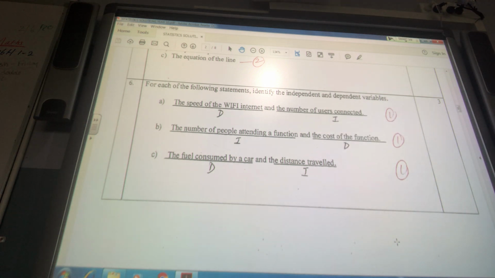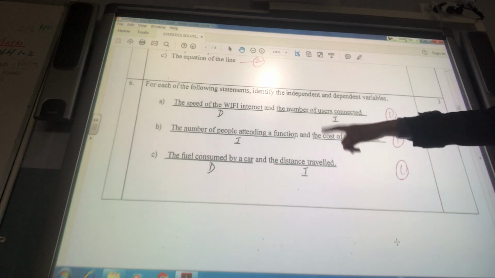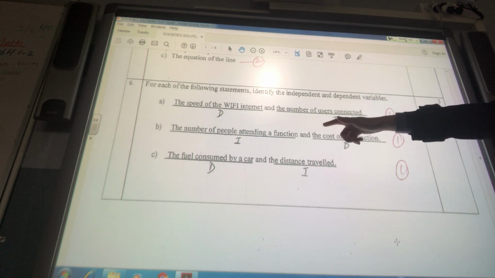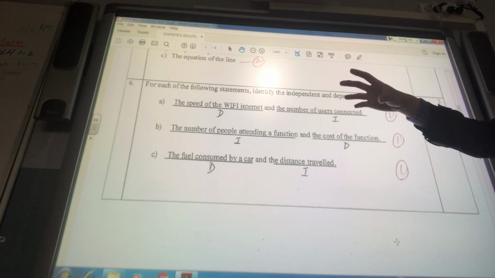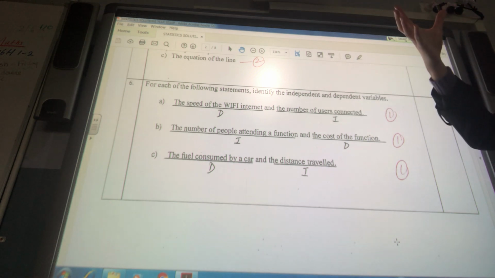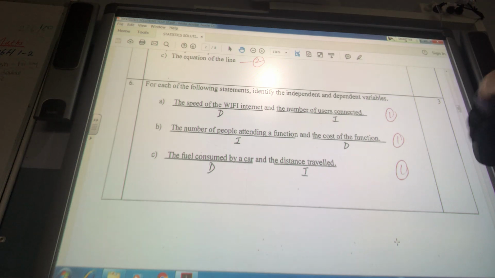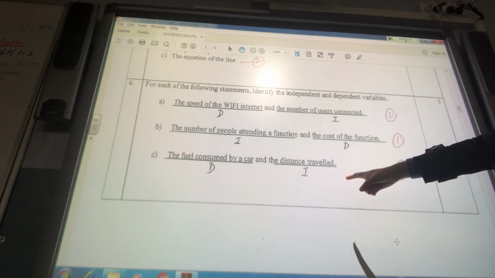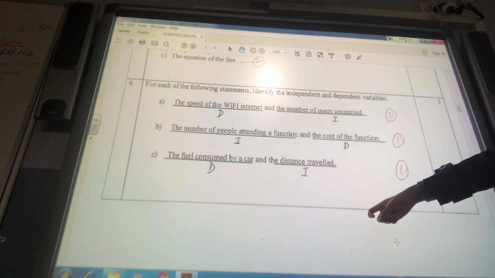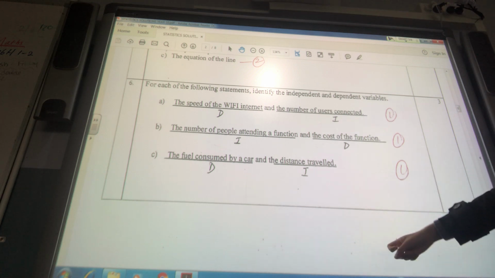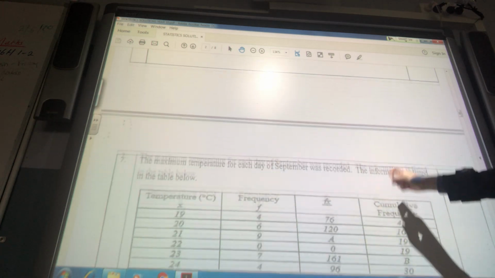But if that's the case, it wouldn't really be worded like this, because by the way it's worded, it sounds like the fuel has been consumed already. So that's a result of having travelled a certain distance. So distance should be independent. But in an HSC exam, if a question like this comes up, it will definitely be a lot more clear on what it wants you to do.